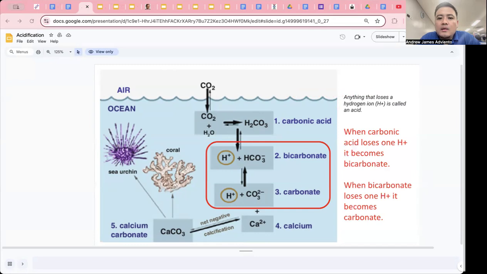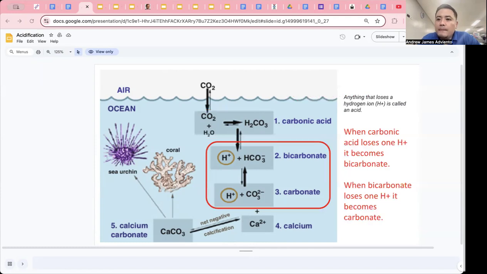So if it dissociates from H2CO3, it becomes HCO3, or bicarbonate ions, plus hydrogen, or H+. Bicarbonate can also lose another hydrogen, forming carbonate, CO3 2-.